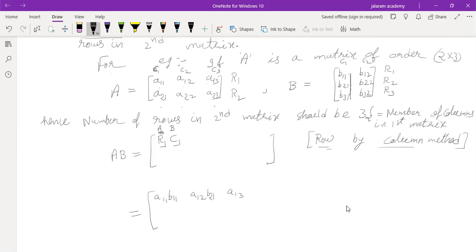And multiply them. Nothing is written between them, so they will be multiplied. And then these three products will be added. A11 into B11 plus A12 into B21 plus A13 into B31.